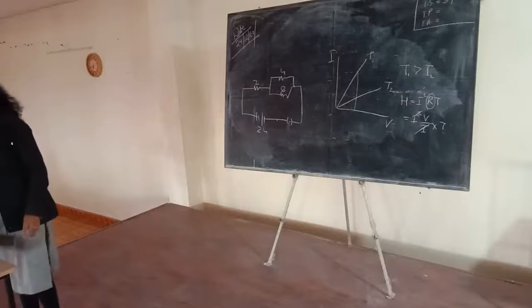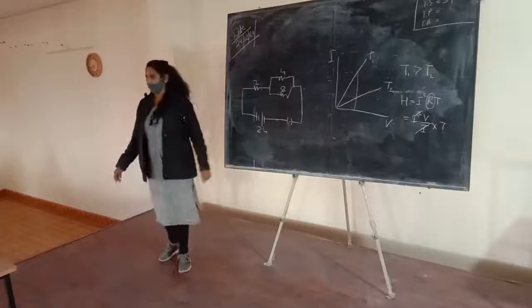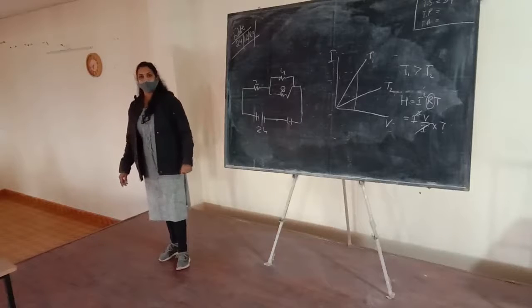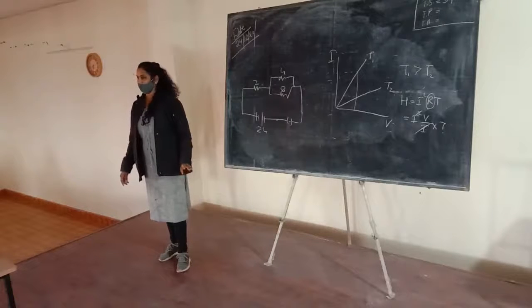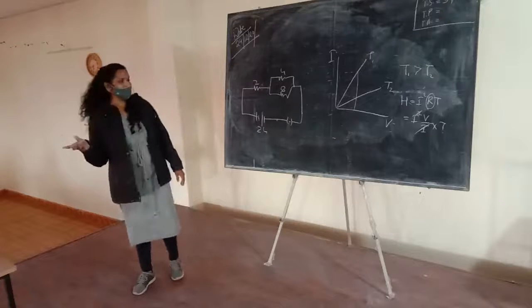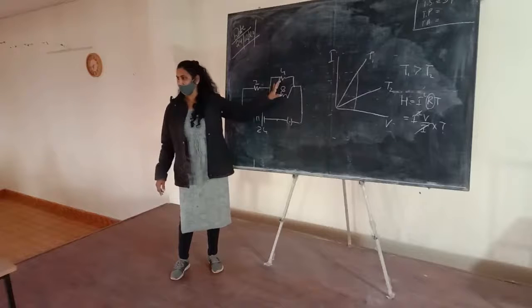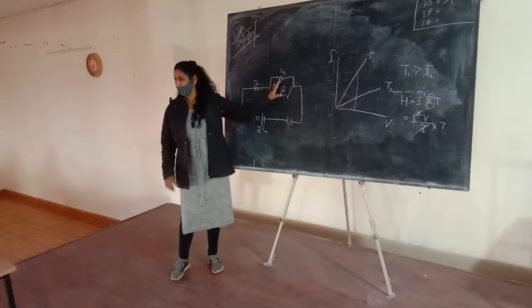Time is over. But just tell me, how can you find the potential difference of the 4 ohm resistor? V is equal to I R here. If you are applying V is equal to I R here, then what is the I for this 4 ohm resistance wire? Do you know the value of I for this one? You know only the resistors.